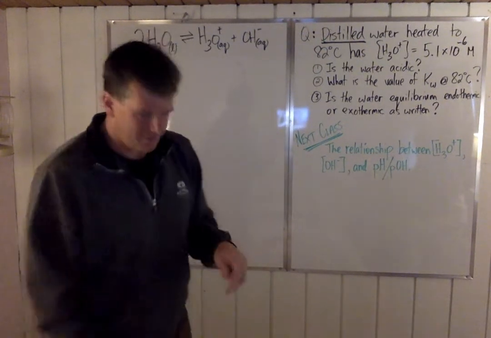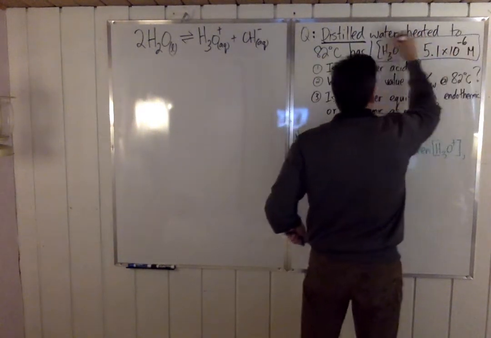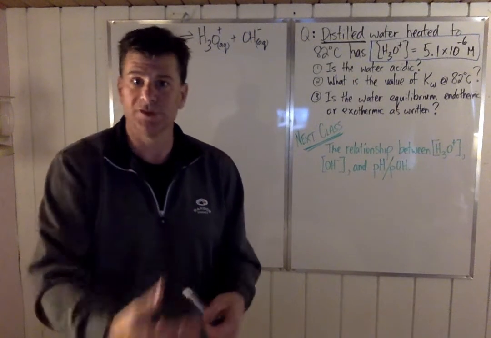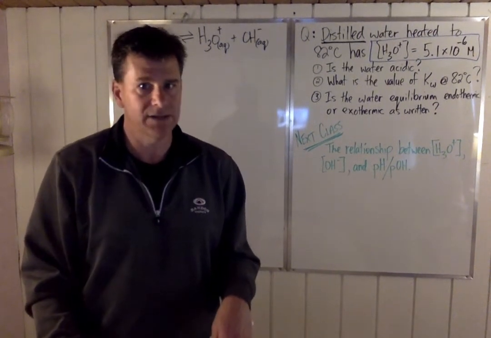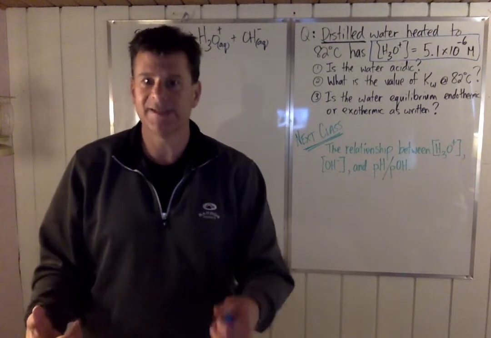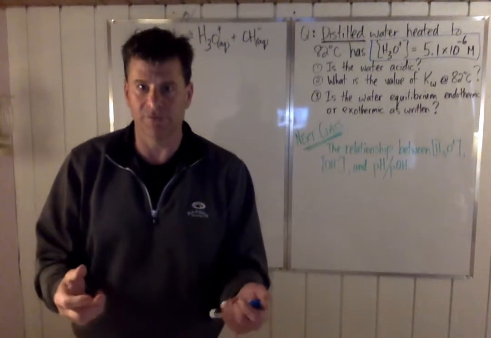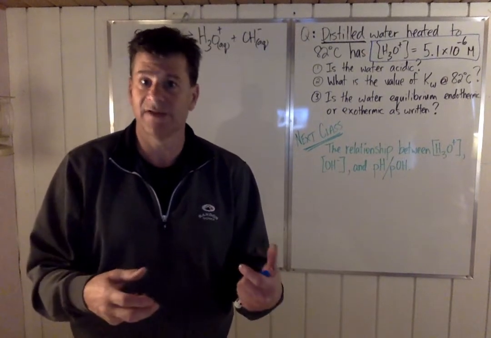Okay, so this value right here, that value right there is an observation. It's the result of something. Well, it's the result of what? Well, we heated it. If you consider water at 25 degrees, Kw is 1 times 10 to the negative 14. Hydronium and hydroxide are 1 times 10 to the negative 7 molar.